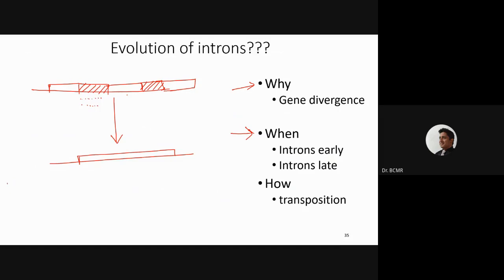And that is how it is thought that the earliest genes had introns, and in prokaryotes they lost introns.